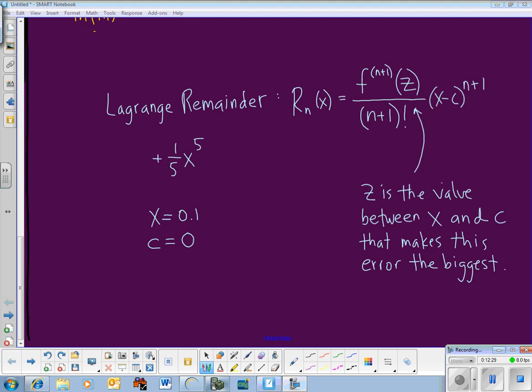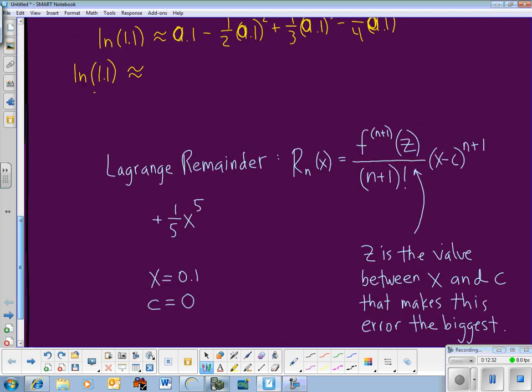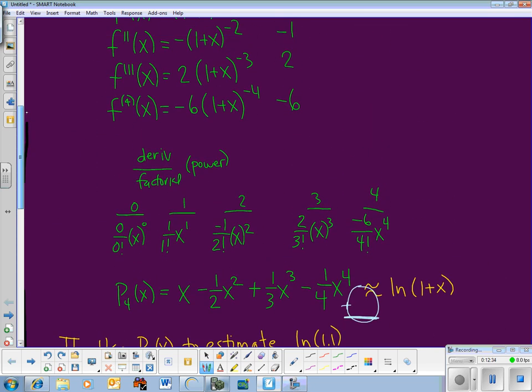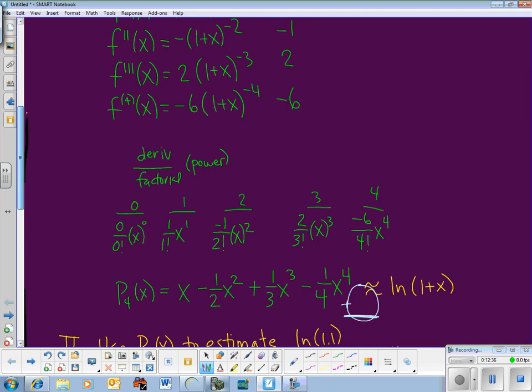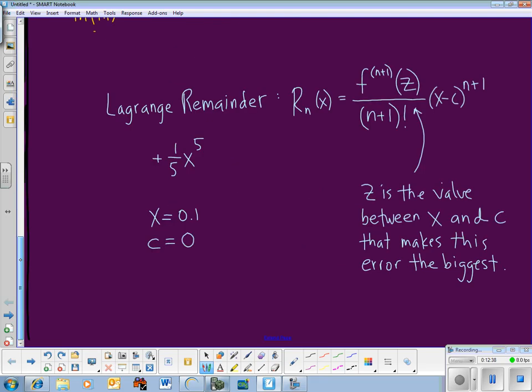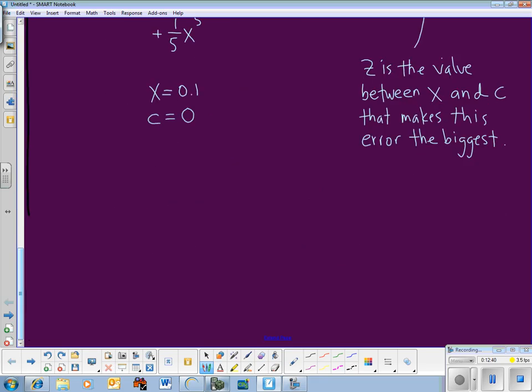So let's put this all together. Our next derivative would have been 24 times (1 plus x) to the negative 5th. Our next factorial would have been 5 factorial.